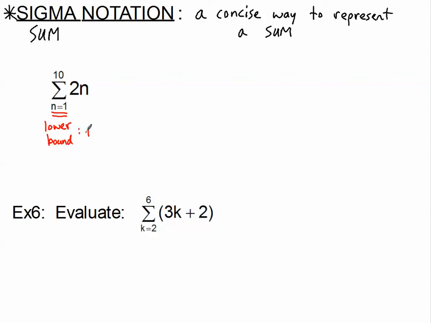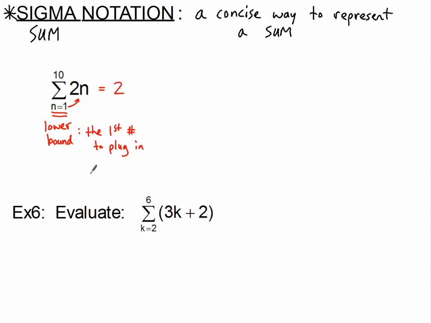This is the first number to plug in. We're going to plug this number right into this expression, and that will give us our first term. So when I plug a 1 into 2n, 2 times 1, of course, is 2.